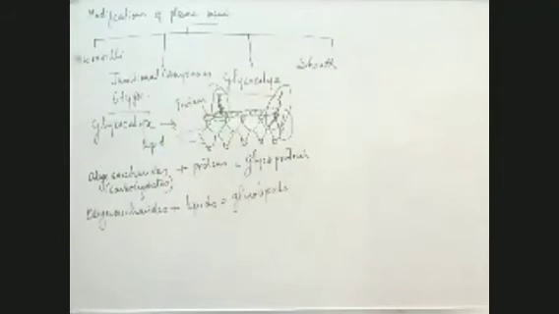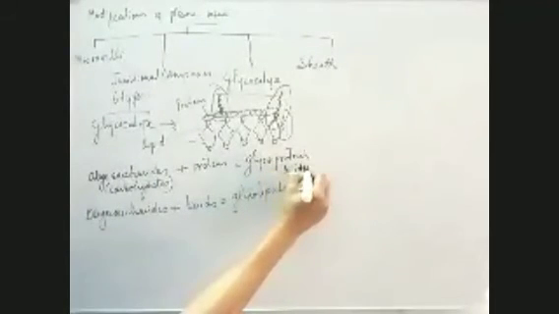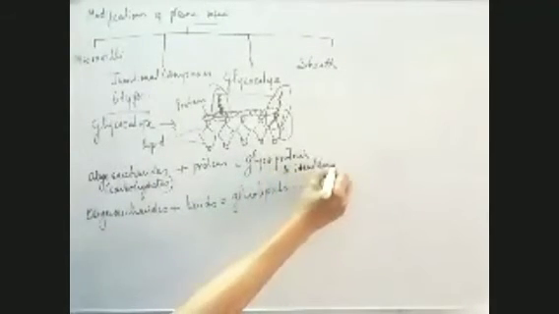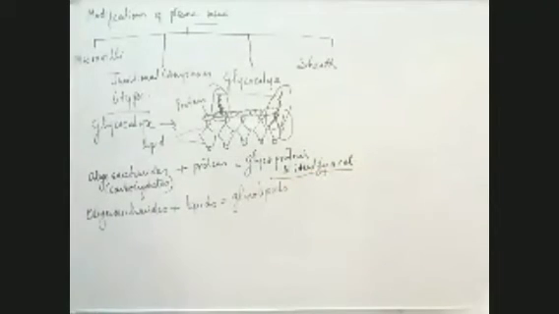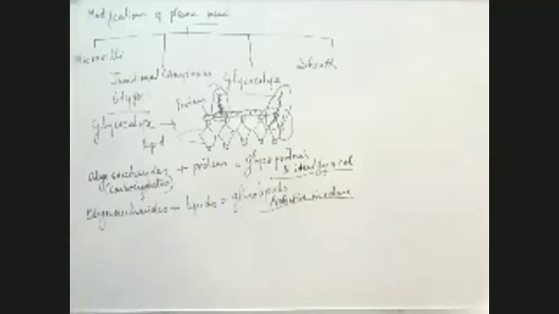The function of glycoprotein is to identify a cell. This has an identifying function, whereas glycolipids are protective in nature. So this is the function of glycoprotein and this is the function of glycolipid.